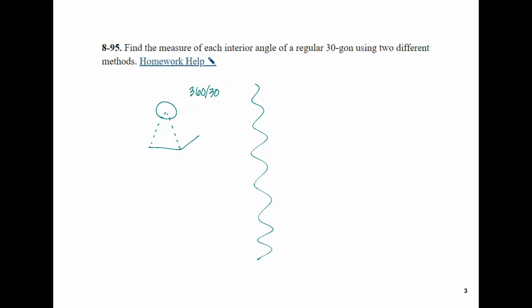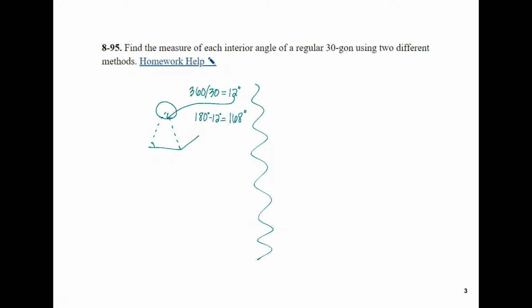This would give me a central angle of 12 degrees. I then know my entire triangle equals 180, so if I take 180 degrees and subtract 12 degrees out, I know that my interior angles of my 30-gon have to be 168 degrees.